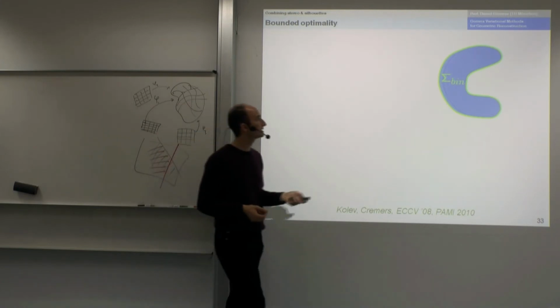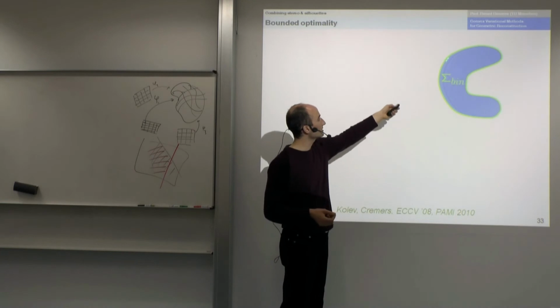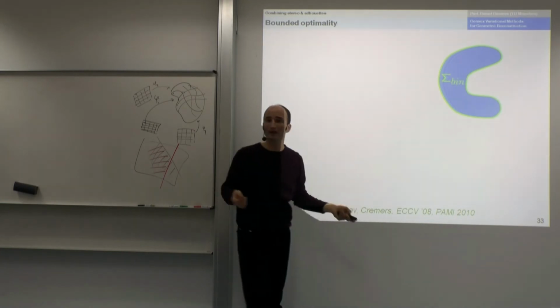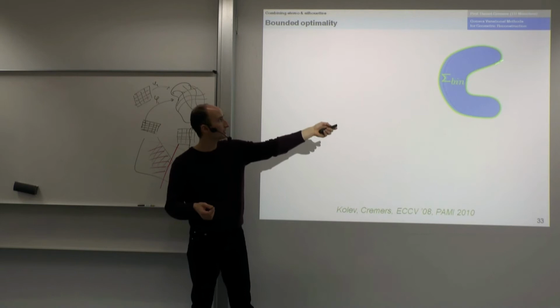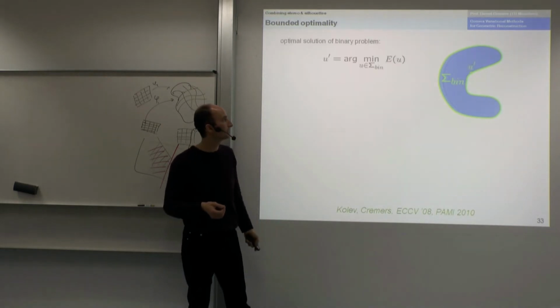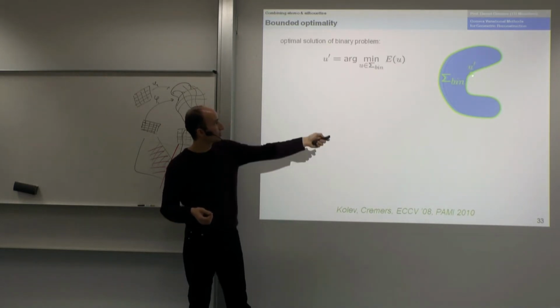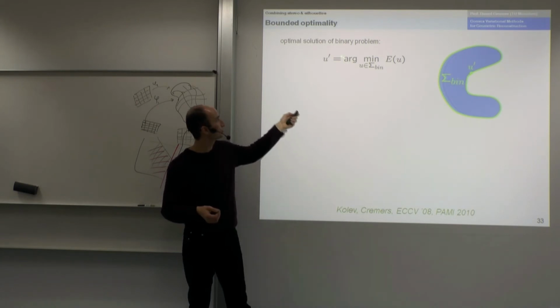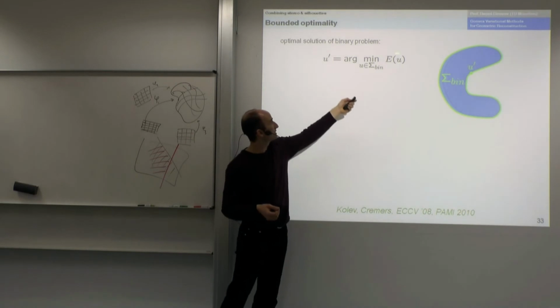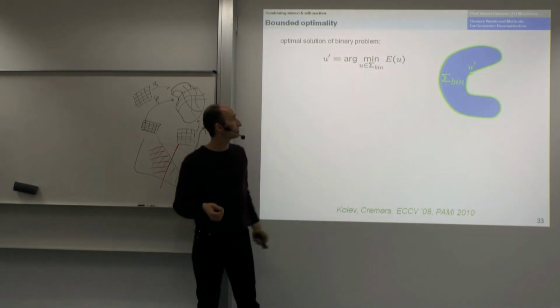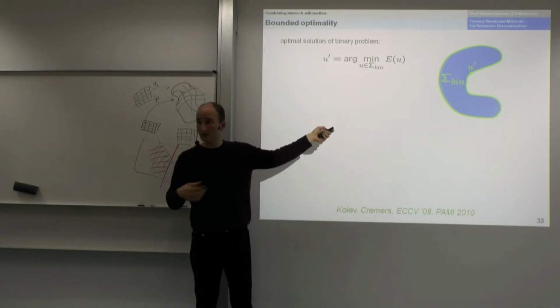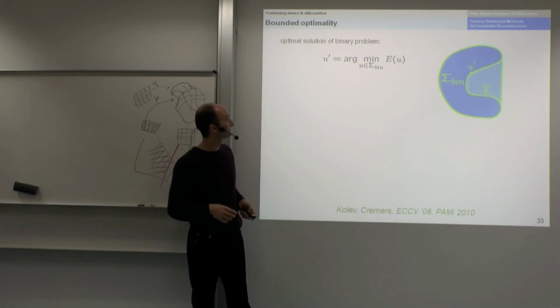The way this works is as follows. Let's assume the set of binary functions is some non-convex set. I drew this very abstractly, so this is some non-convex set. Then that is the solution, say, we're looking for, some solution that is binary and in that domain, so the minimizer of this energy among the binary functions with the silhouette consistency, of course.